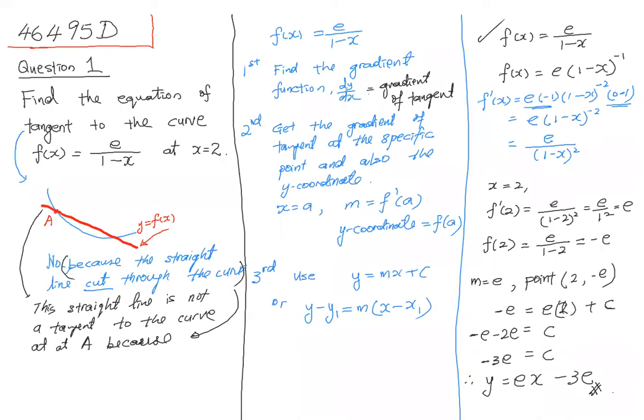Got it? Okay. So now I want to test your understanding of when to use simple rule, when to use chain rule. So I'm going to set a few questions for you to find the gradient function. Okay? So shall we? Okay. So thank you.